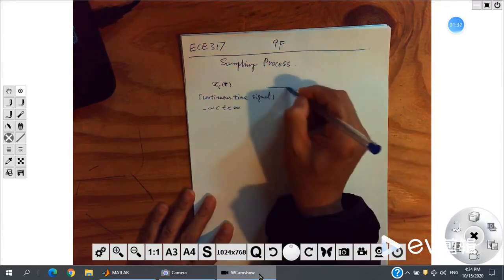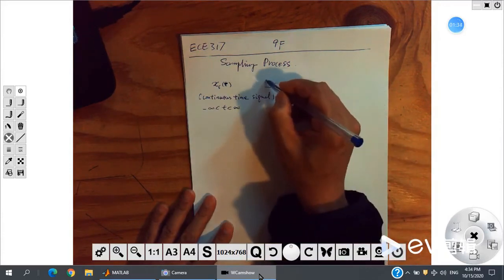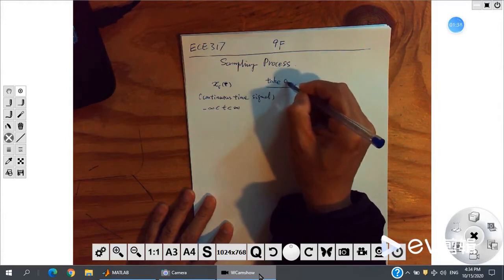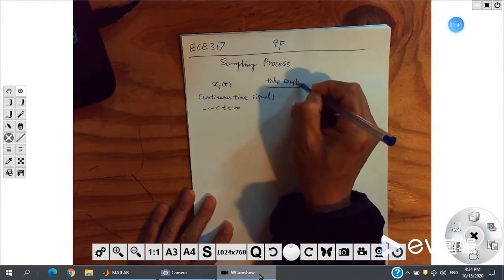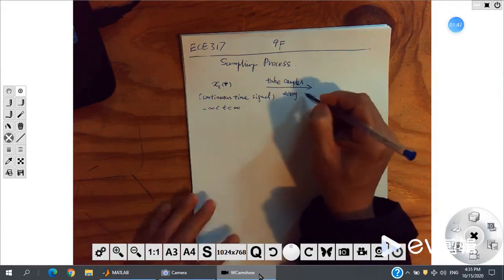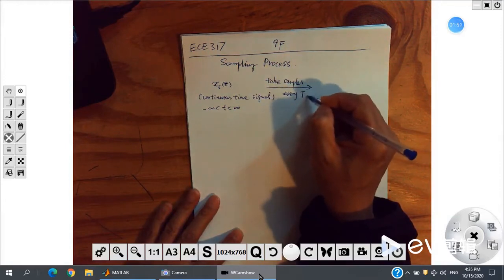Then you take samples, every time period, with capital T as the step.